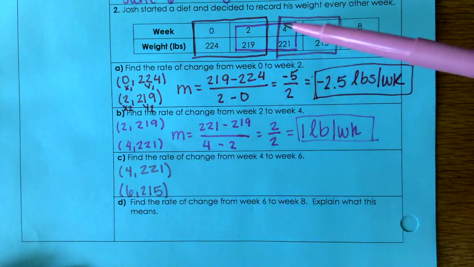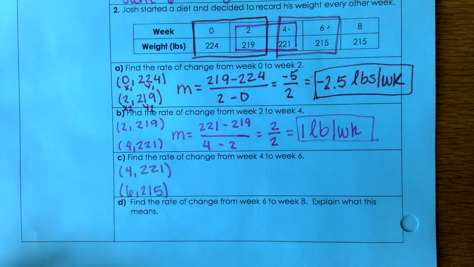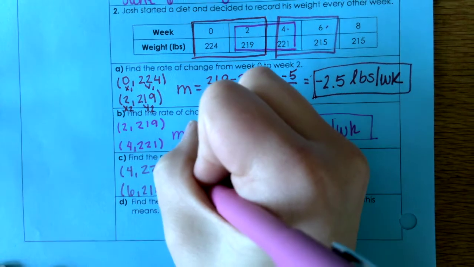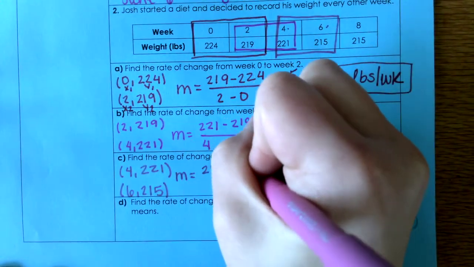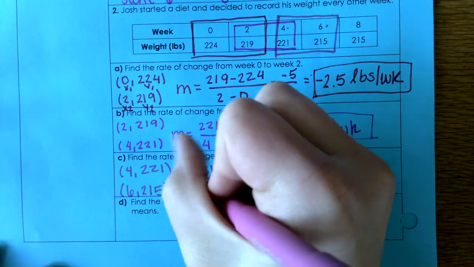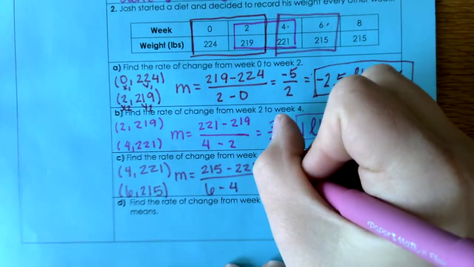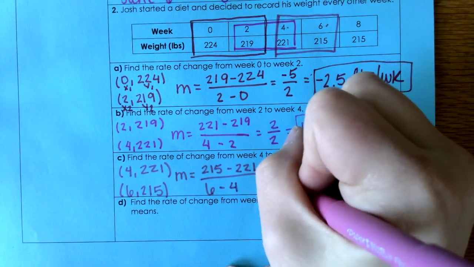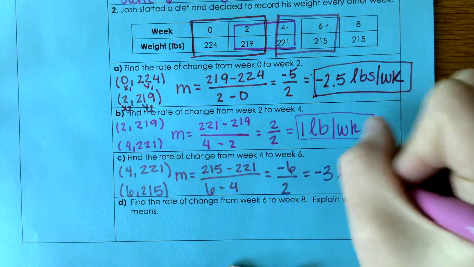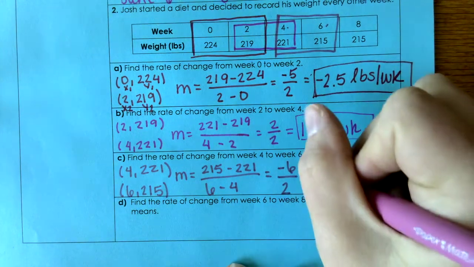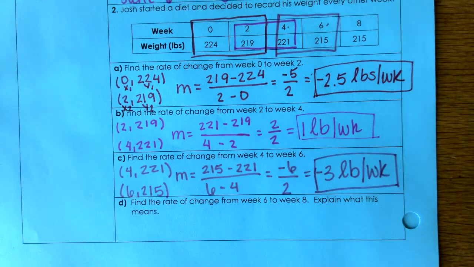Week 4 comes before week 6, so that is why week 4 is my first point. So now I have m equals 215 minus 221 over 6 minus 4. When you subtract those, you should have gotten negative 6 over 2, which is negative 3 pounds a week. So between weeks 4 and 6, he lost 3 pounds a week.